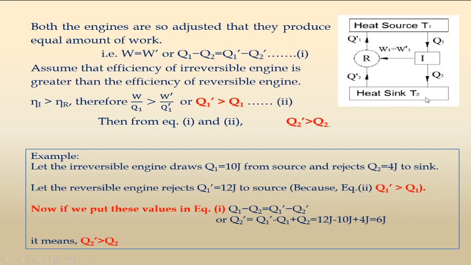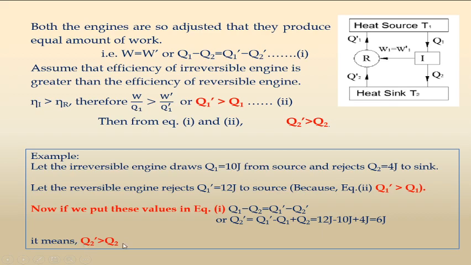So 4 joules is rejected here, 6 joules is taken from here. 10 joules is taken from the source, and 12 joules is transferred to the source again through this reversible engine. It means when you couple these two engines and make them work together without any external support, there will be 2 joules of heat continuously transferred without any effort from the sink to the source. That's the meaning of that.